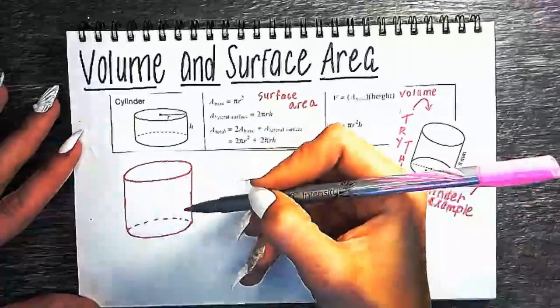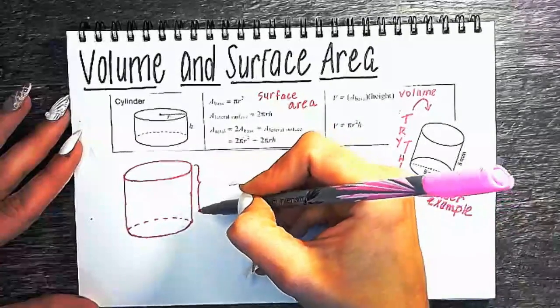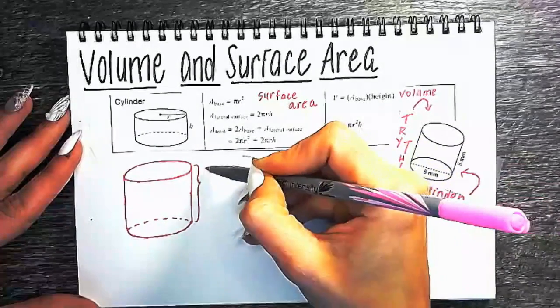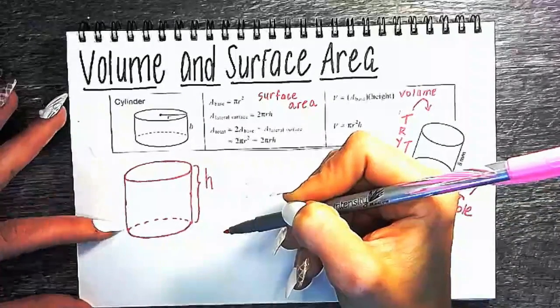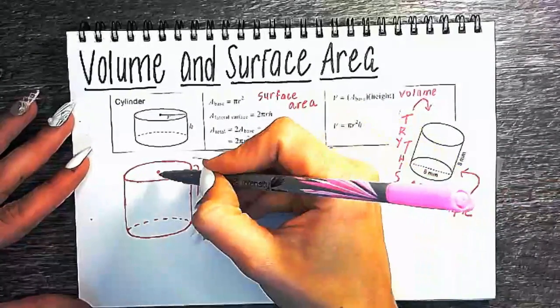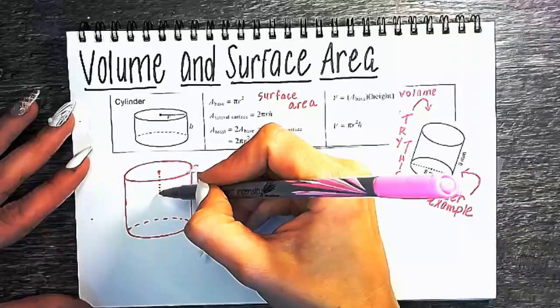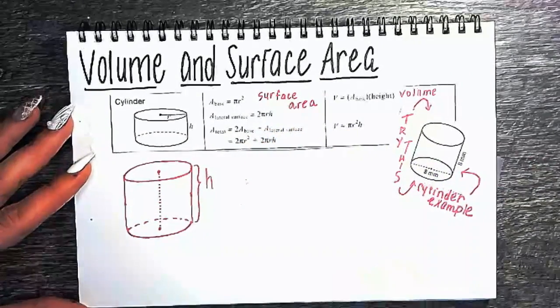Now, the height of this cylinder, we can look at the height as being right over here. We could also look at it as being right over here, or probably best, we can look at the height as being right over there.